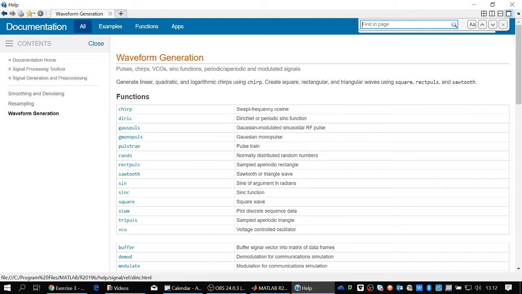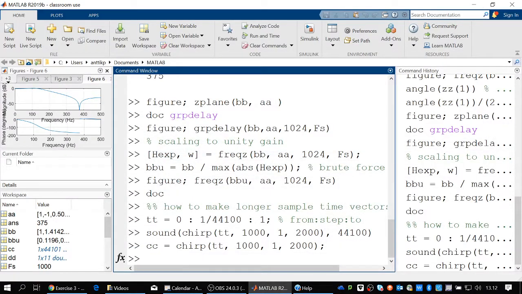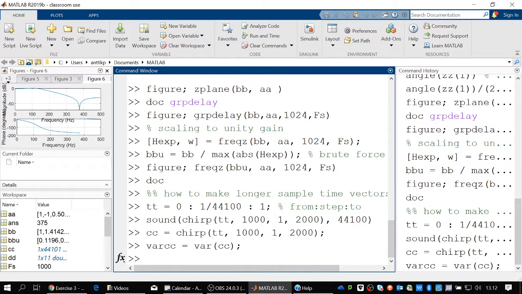So I'll do it the old-fashioned way. I can again calculate the variance of CC. Variance of CC is var(CC), and then for example, if my signal to noise ratio was, let's put it, minus 3 dB.